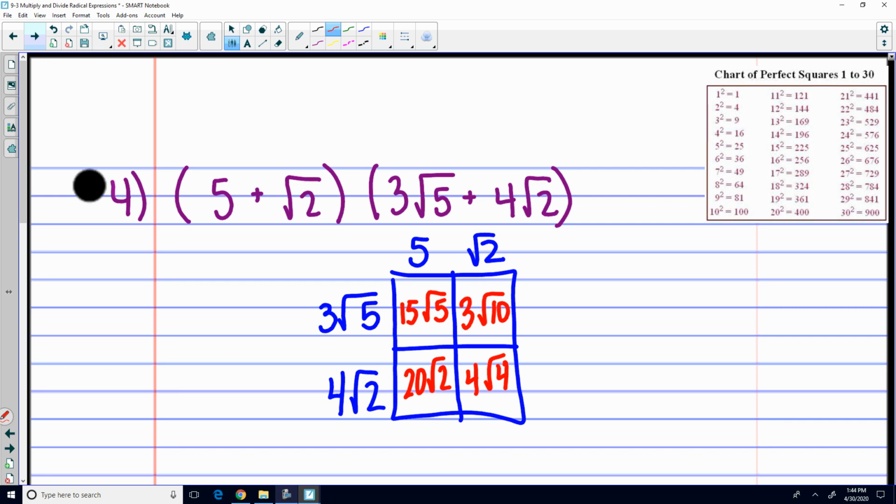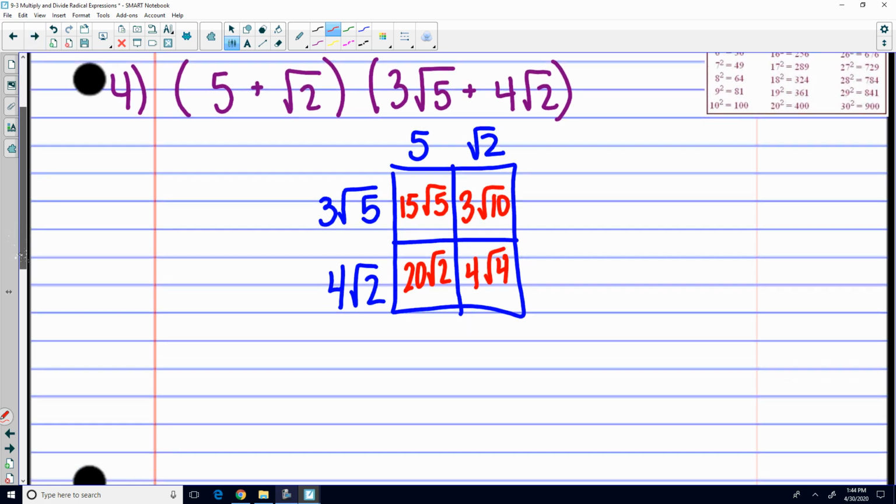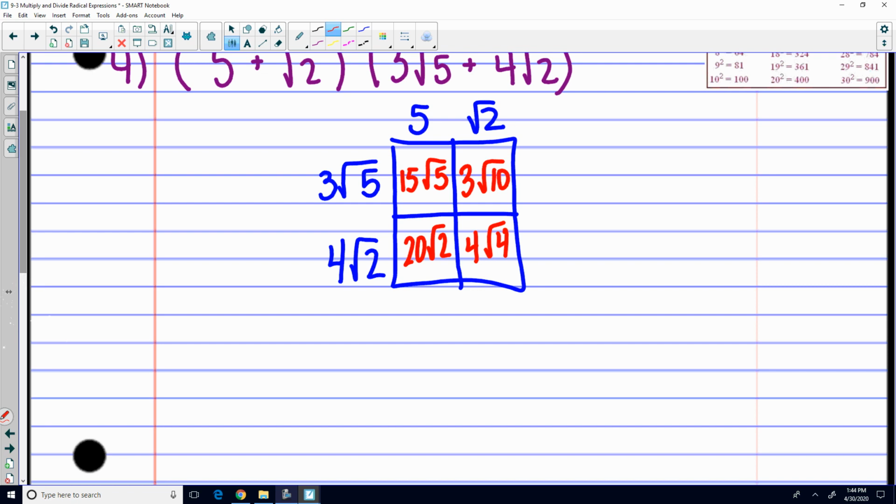All right, so let's go ahead and see what we ended up with. 3 square root of 5, 4 square root of 2. All right, so I end up with, let's write them all out. 15 square root of 5 plus 3 square root of 10, 20 square root of 2, and 4 square root of 4. All right, let's consider each separately.